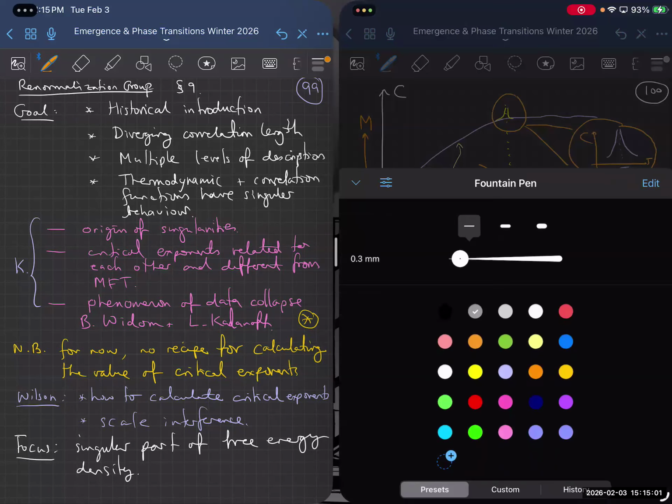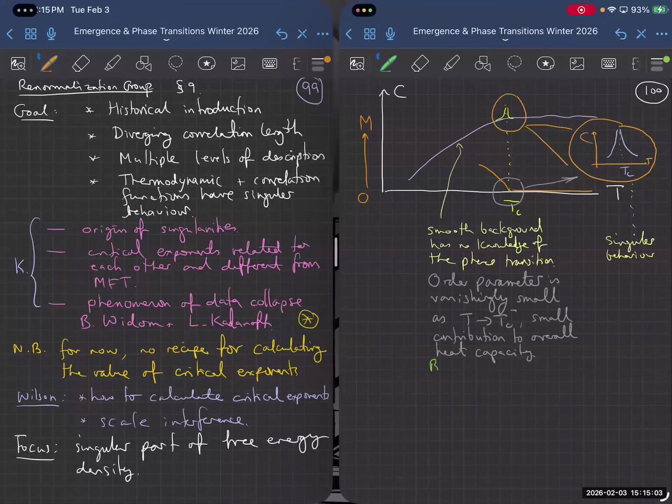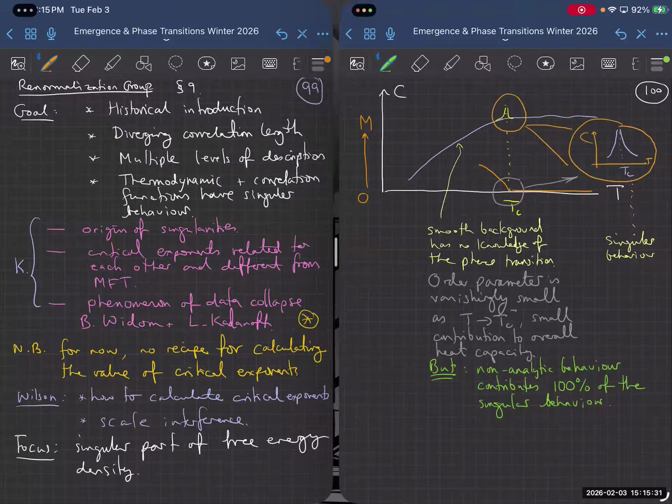But because it has this non-analytic behavior, its non-analytic behavior contributes 100% of the singular behavior. And that's why we're going to focus purely on the singular part of the free energy.